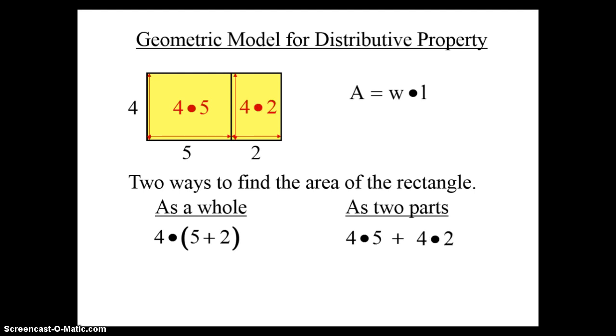As you can see, they are the same, and you can work out the answer yourself, and you will see that you will get 28 for either finding the area of the rectangle as a whole or as 2 parts.